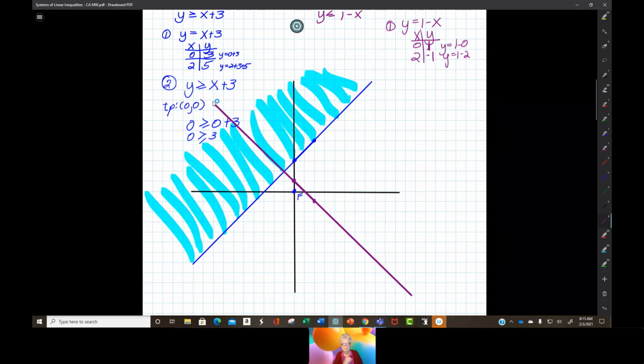Okay. Now, step 2. This is really Y is less than or equal to 1 minus X. And notice I could choose 0, 0. But, you know, let's just choose a different point. How about negative 1, negative 1?